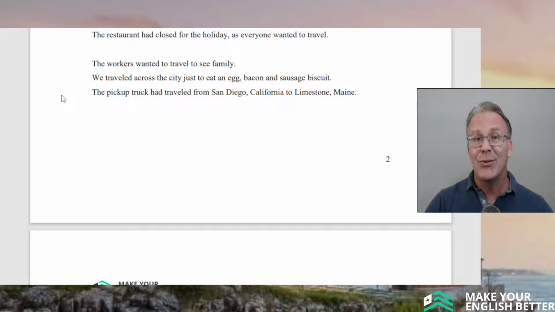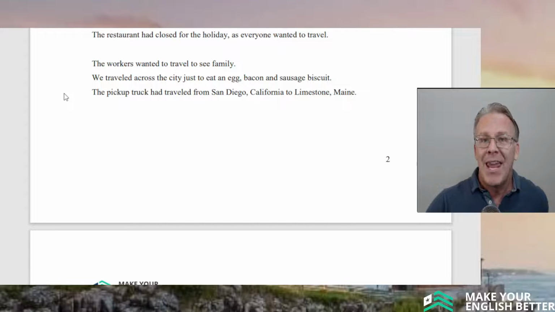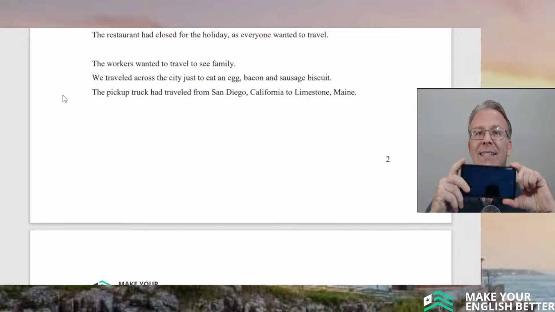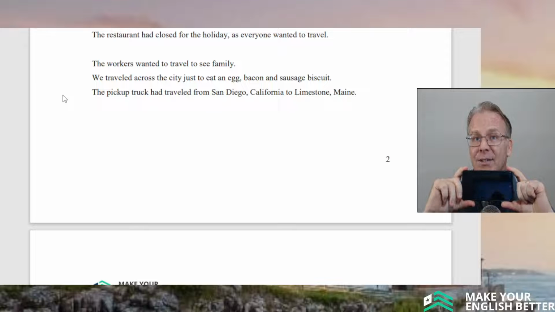I encourage you to eat an egg, bacon, and sausage, or egg, bacon, and ham, for example, biscuit next time you visit the United States. The pickup truck had traveled from San Diego, California to Limestone, Maine. So let me grab my phone. Let's say that this is the United States, okay?